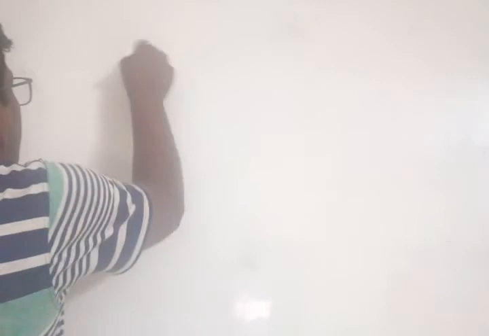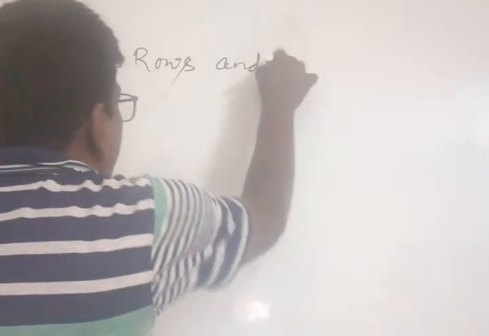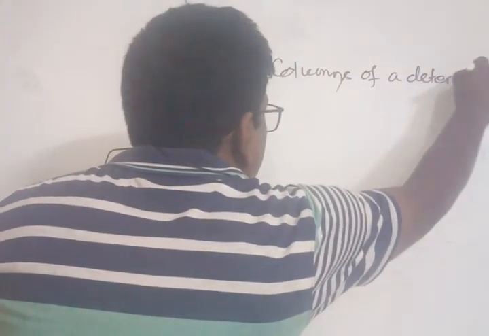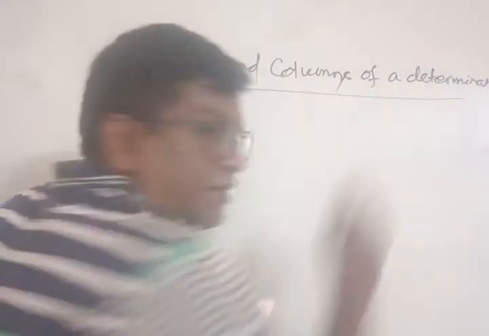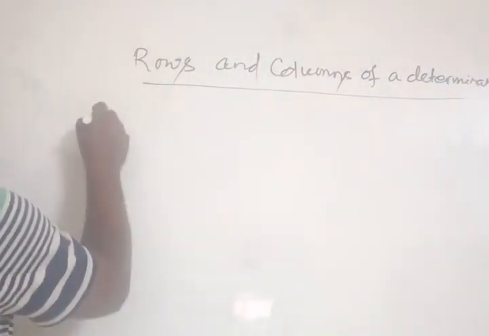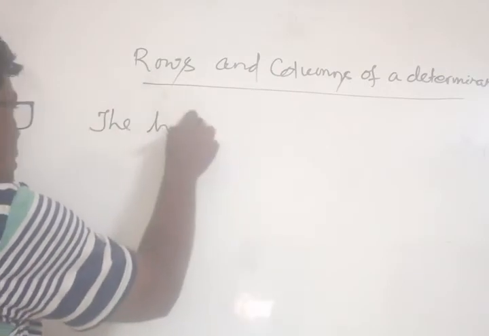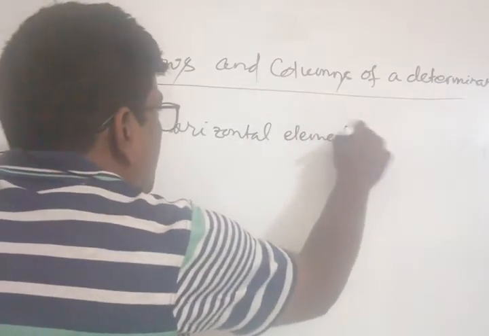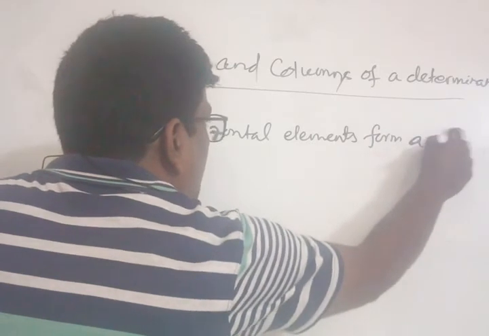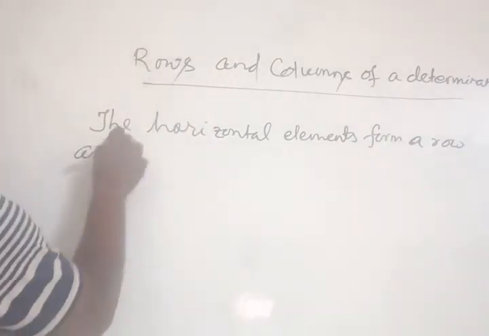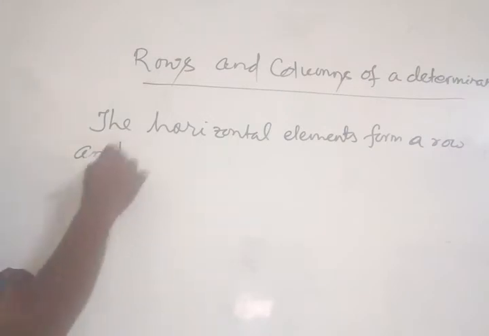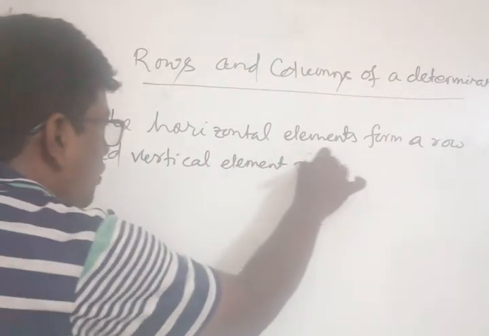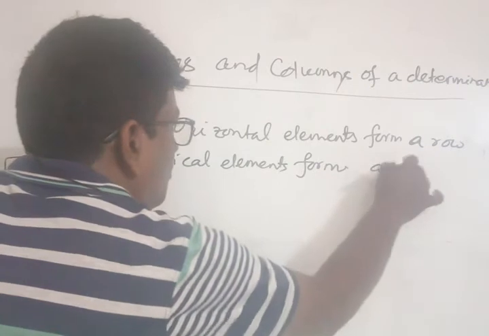Rows and columns of a determinant. The horizontal elements form a row and the vertical elements form a column.